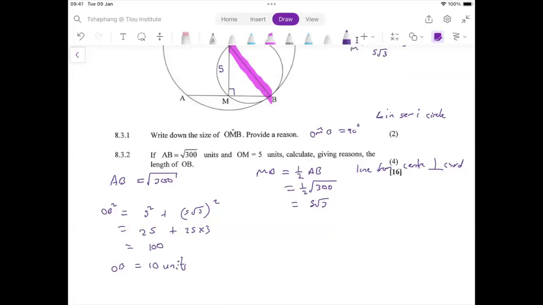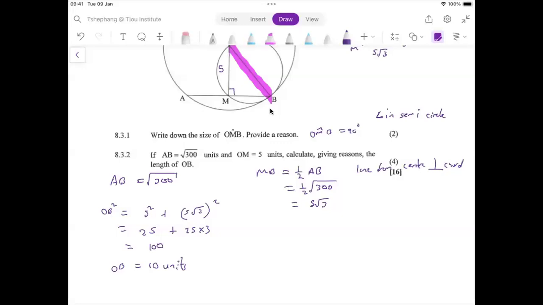Okay, let's address the questions. So in the Q&A, what is the reason? I did give you the reason. Line from center is perpendicular to the chord and it bisects the chord. Okay, then in the chat, OP is the radius of the bigger circle, the diameter of the smaller circle, yes.